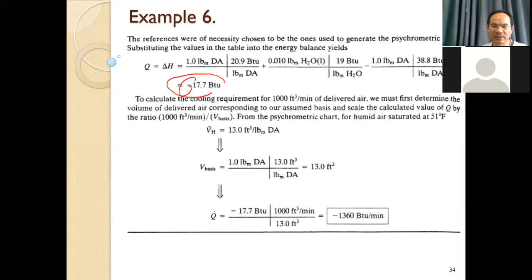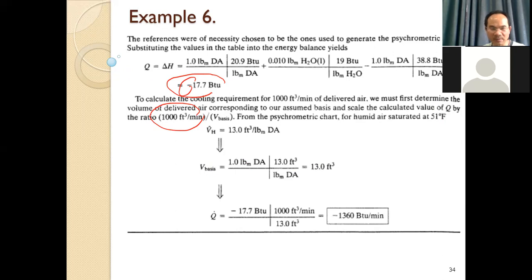Also for this case, you can calculate the amount of Q per flow rate, the heat rate. You can calculate the heat rate based on the volumetric flow rate of the air, 1,000 cubic feet per minute.